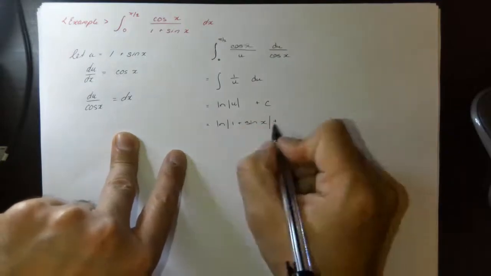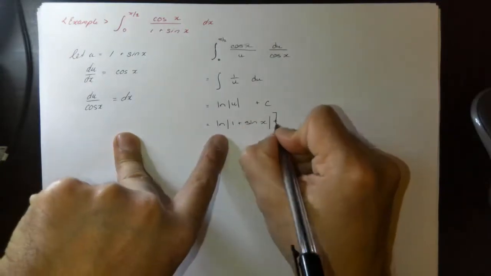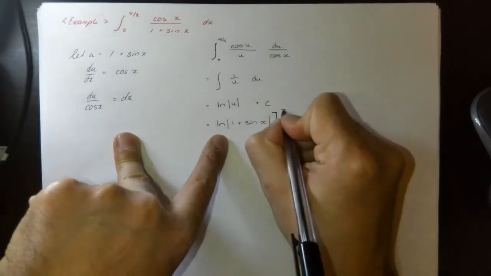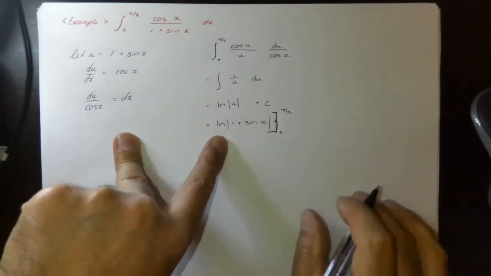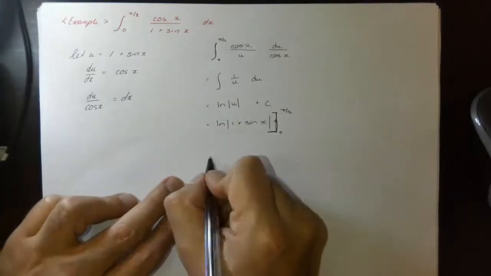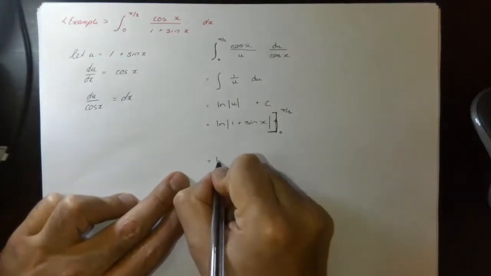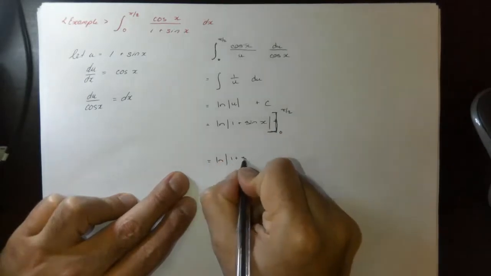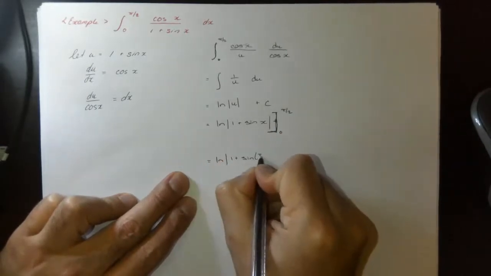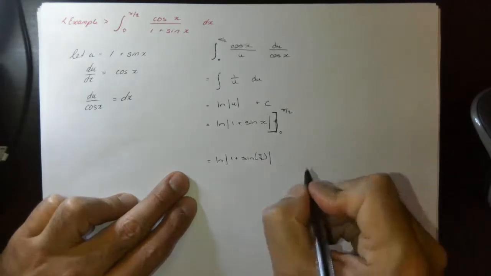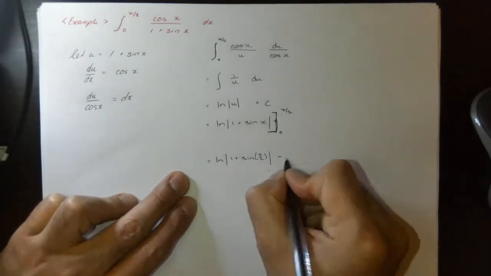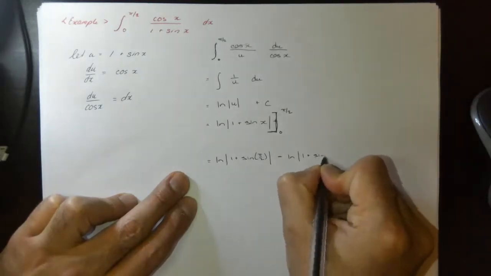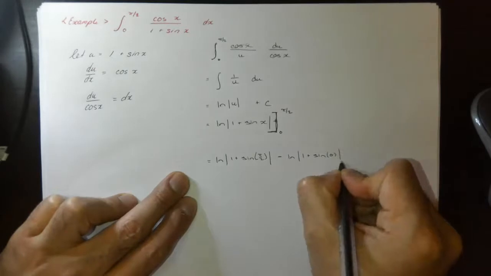Because I've replaced this back, I'm going to jump back here and resubstitute these values in, because we have a definite integral. So that's actually log, I'll write it out, 1 plus sine pi on 2 minus log of 1 plus sine 0.